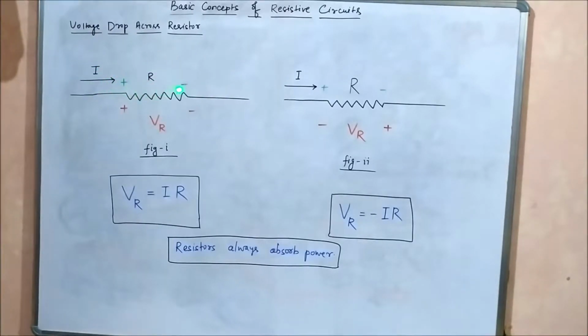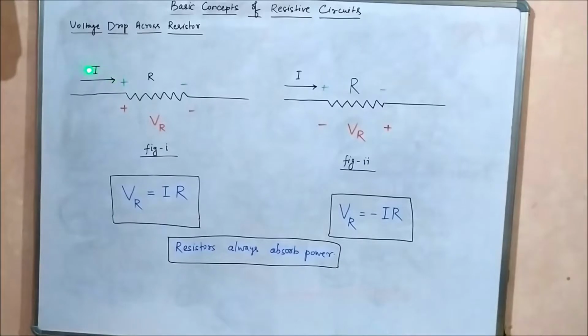Now pay attention to the plus and minus signs at the top in green color. The current is flowing from positive to negative terminal internally through the resistor.